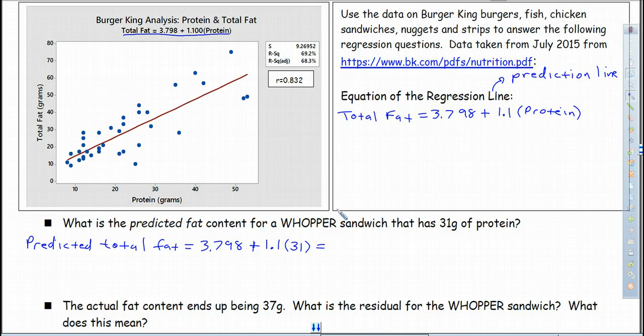Plugging that in, you should get 37.898 grams of fat. So the predicted total fat on a Whopper with 31 grams of protein is 37.898 grams.